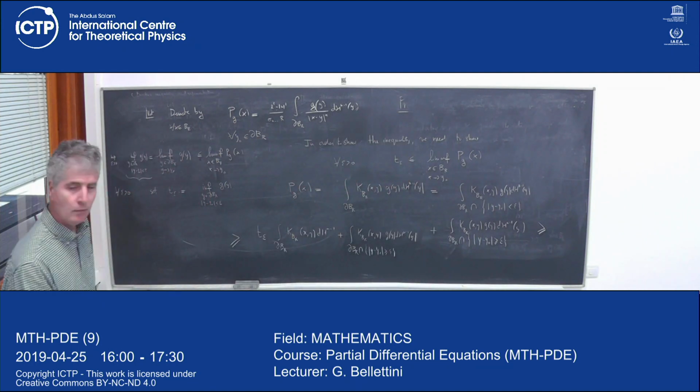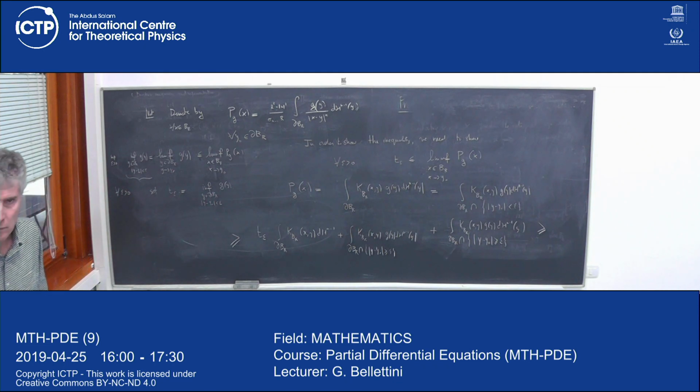Why is this true? In the first integral, g of y is always greater than T epsilon. This is not enough to have the inequality; k is positive, because k is positive.